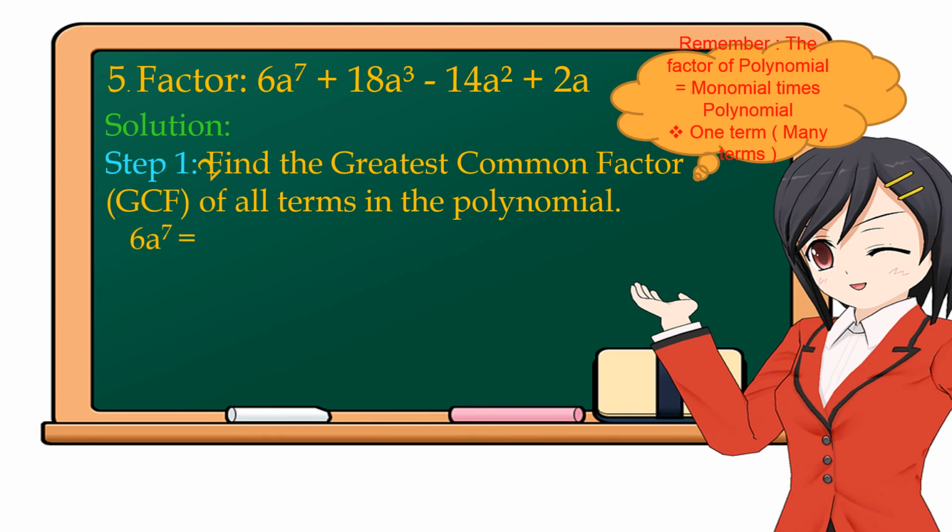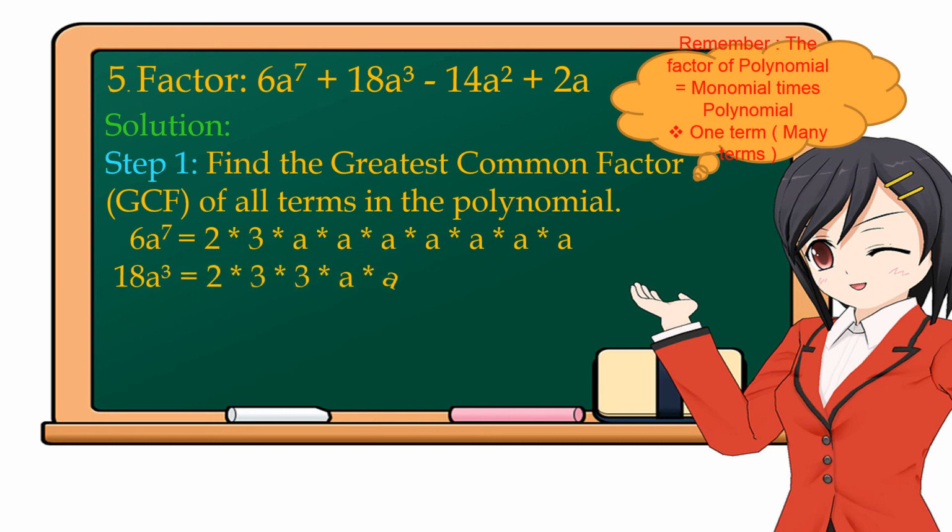So 6a raised to the 7 is equal to 2 times 3 times a times a times a times a times a times a times a. 18a cubed is equal to 2 times 3 times 3 times a times a times a. 14a squared is equal to 2 times 7 times a times a. And 2a is equal to 2 times a.